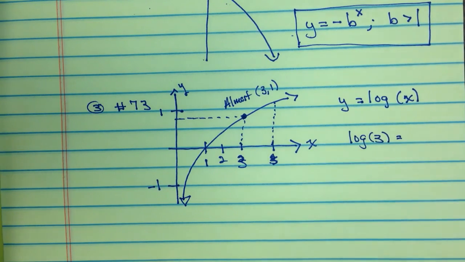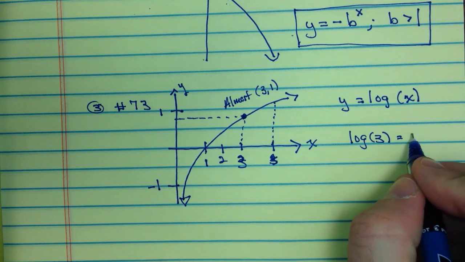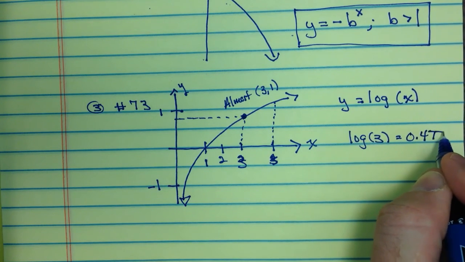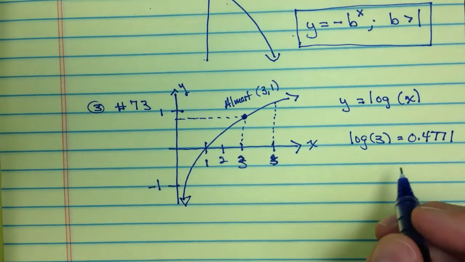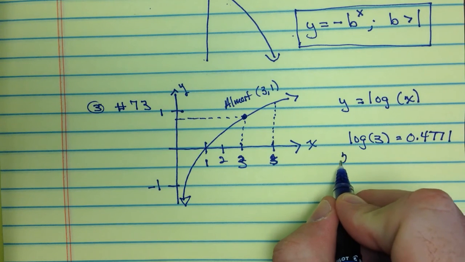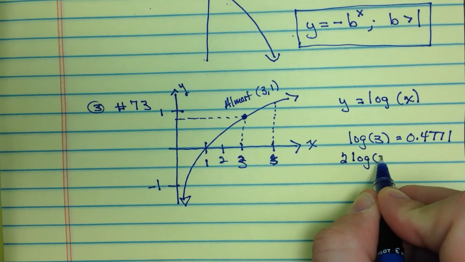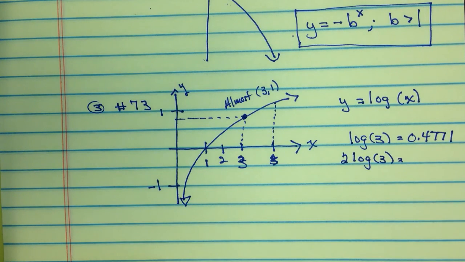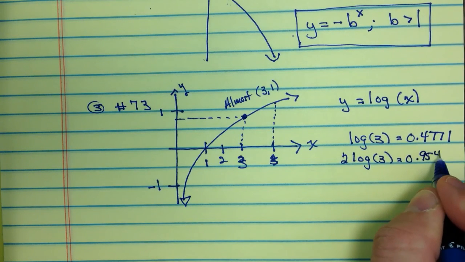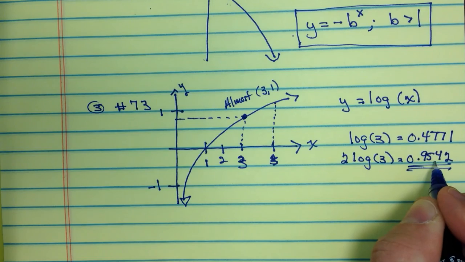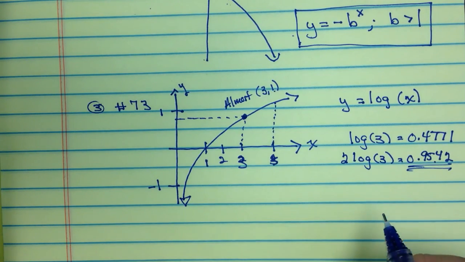Well, log of 3, when we plug it in our calculator, is 0.4771. Well, since we want to be almost to 1, what happens if I multiply this by 2? So it's 2 times log of 3. Well, that gives me 0.9542. Well, is this number close to 1? And the answer to that's yes.